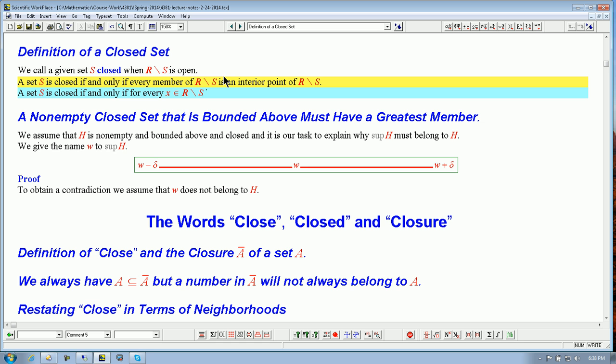That would just be repeating the yellow thing, you see? For every x in complement S, I'm going to spell out what it means.